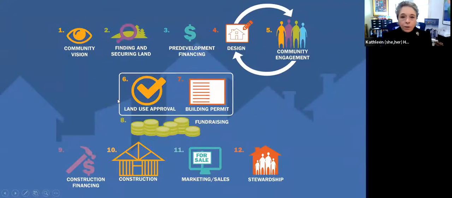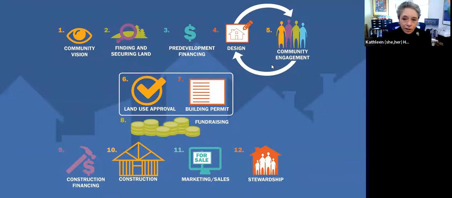And it starts with community vision, finding and securing land, getting money to do the studies that help us figure out what's possible on the site. We can't, for example, fund the church's exploration of multiple scenarios in a sort of we'll know it when we see it kind of process.